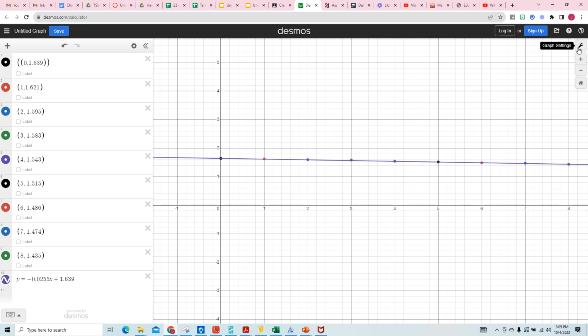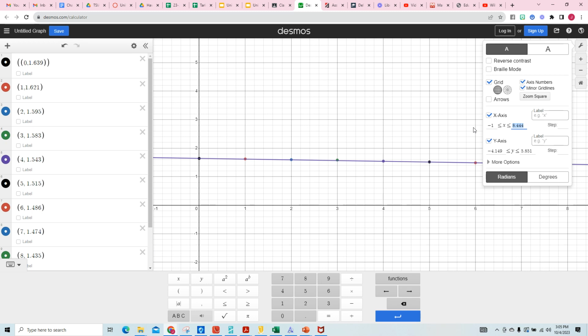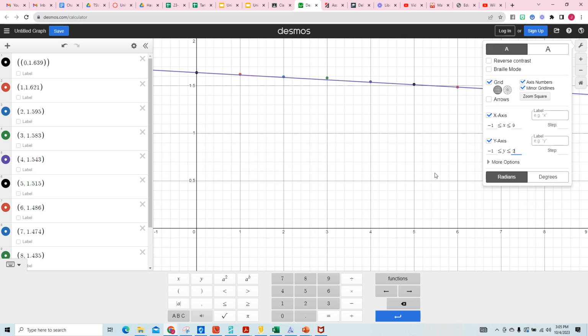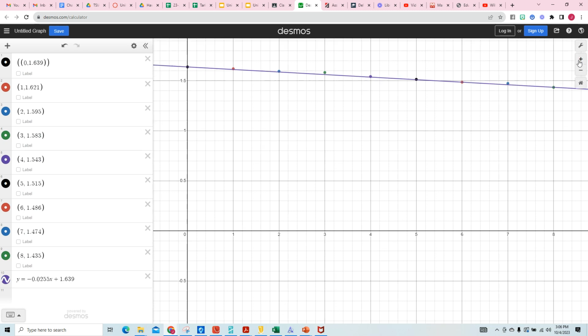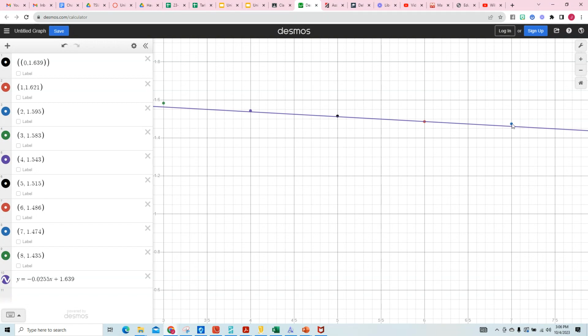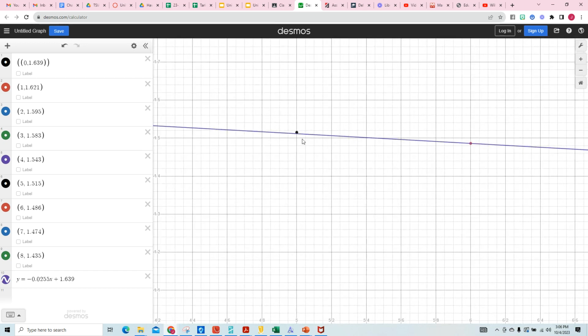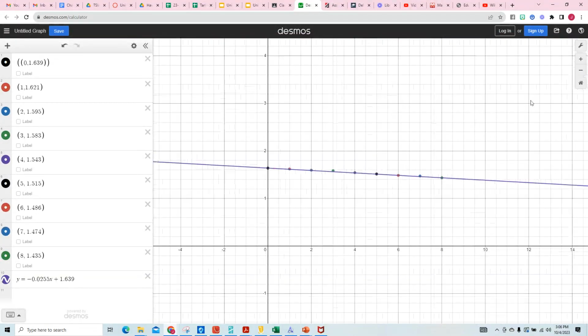So I just want the x-axis to go from -1 to 9, and then the y-axis from -1 to 2. But anyways, you can kind of see that some of these dots are sitting above the line. So you can see all of them aren't sitting nice and pretty and perfect on that line, but they're pretty close. They line up pretty well.